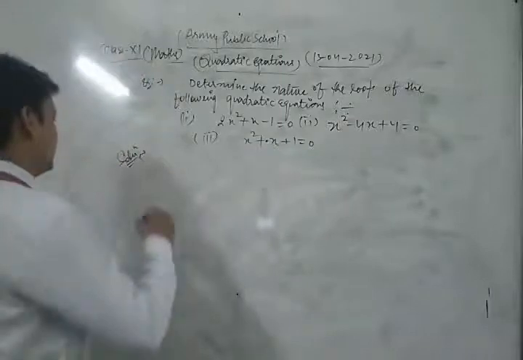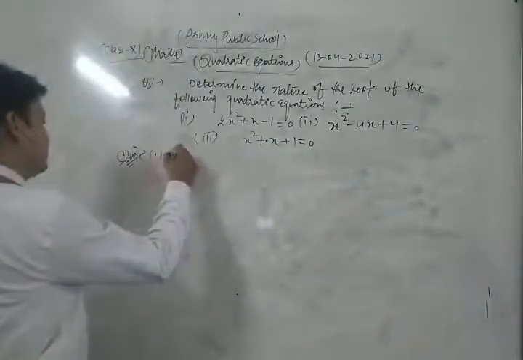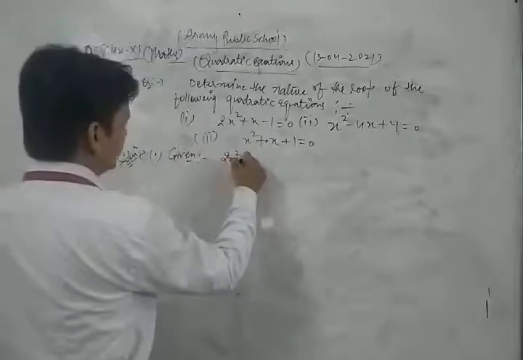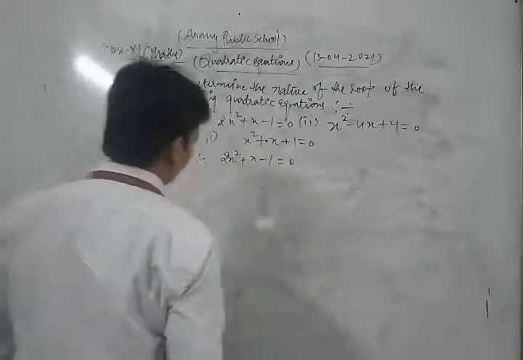First we take the given equation, first part of this question. Given equation is 2x square plus x minus 1 is equal to 0.